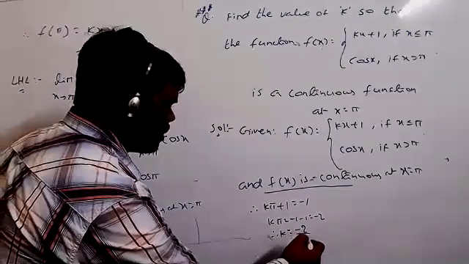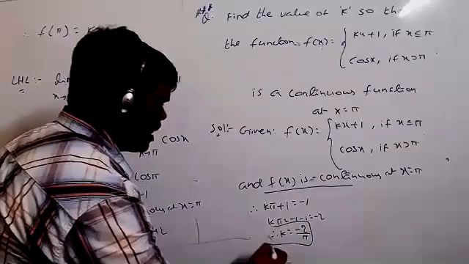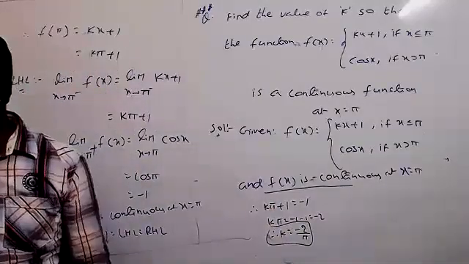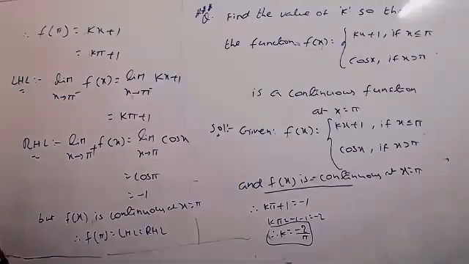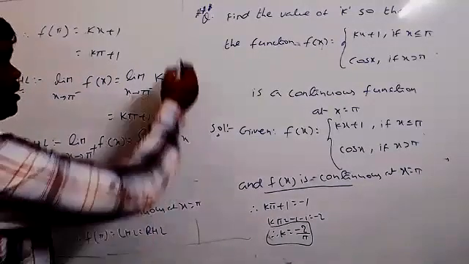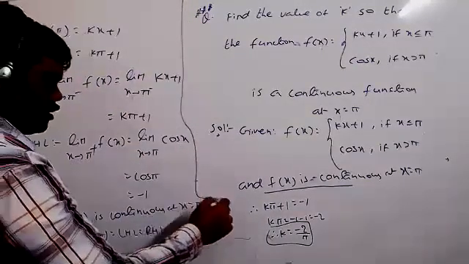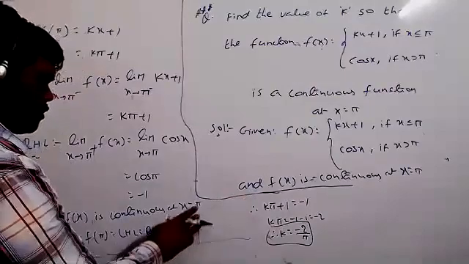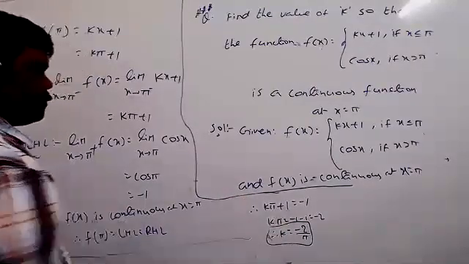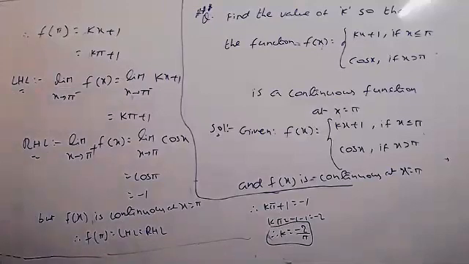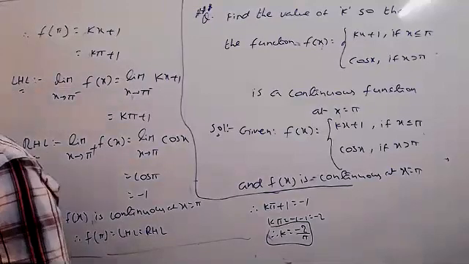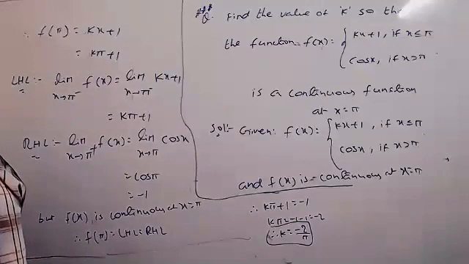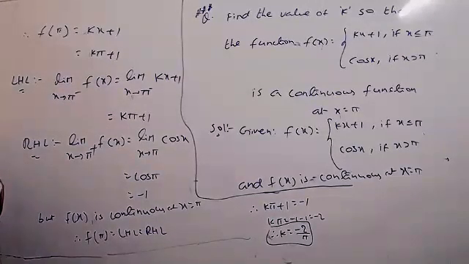Minus 2 by pi. That is the value of k. The value of k equal to minus 2 by pi. Sorry, 2 by pi.